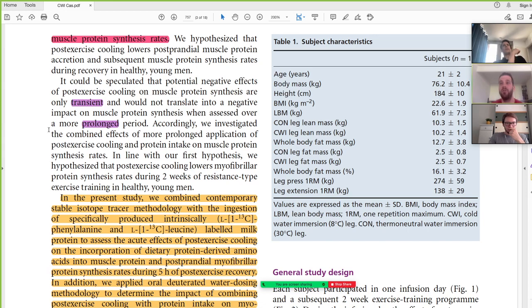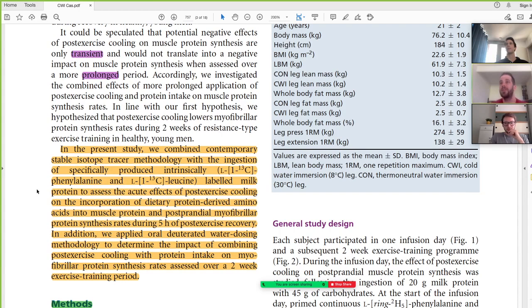So we also added a 2-week period where the participants had 7 resistance training sessions in total. After every session, we did the same cooling procedure and gave them a protein shake, to see if we would find the same effects in the acute study and in the longer term study of the 2 weeks, and see if those two lined up. Because that is a bit more into what's happening in practice. So that was the translation that we wanted to apply in our study.